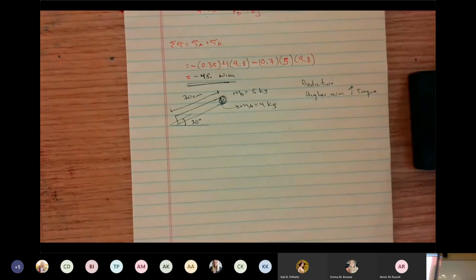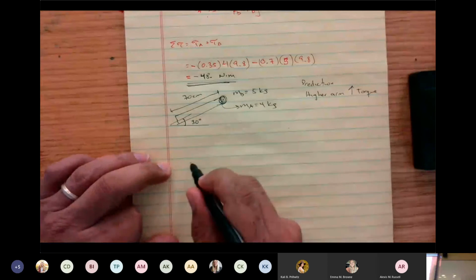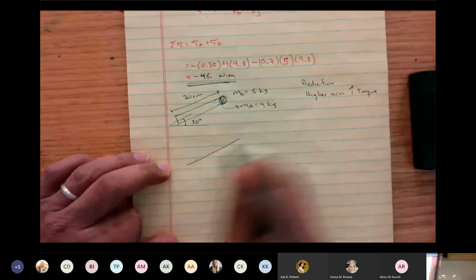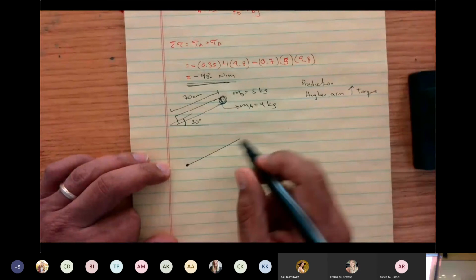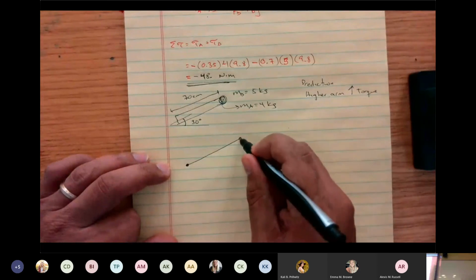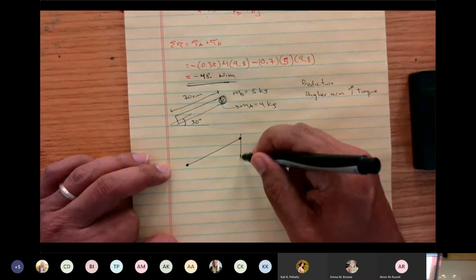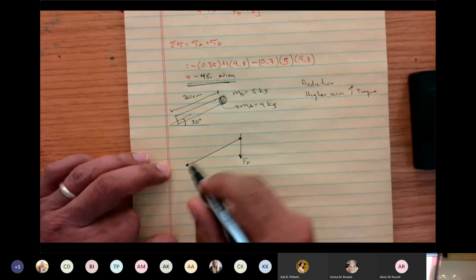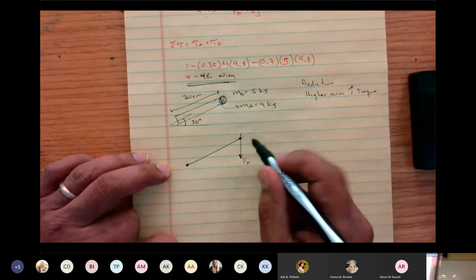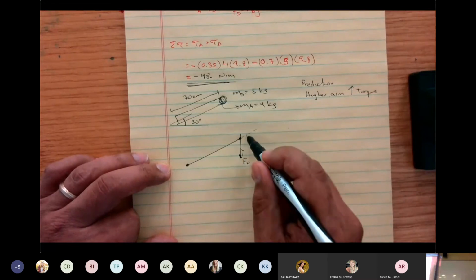So I'm gonna do the dumbbell. This is my pivot point. This is my arm, I'm just gonna do a line. And this is my dumbbell, and the weight of the dumbbell goes like this. Now, remember, I want the perpendicular component of this force, perpendicular to this axis.